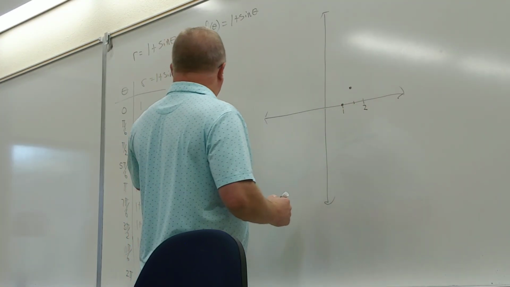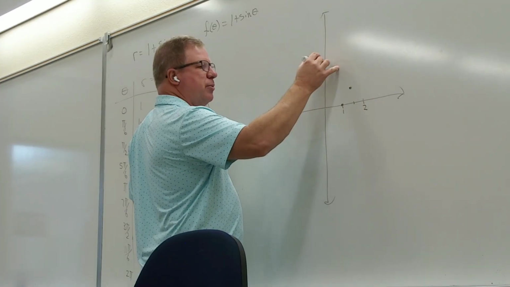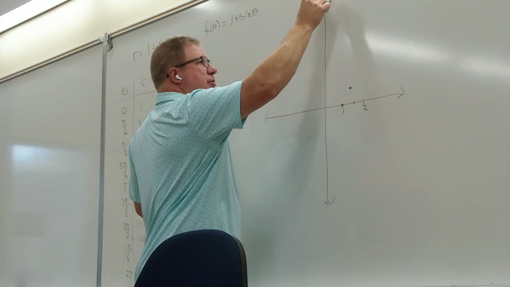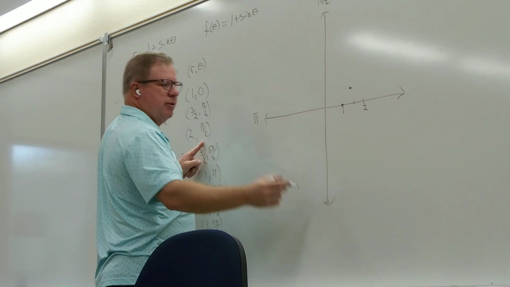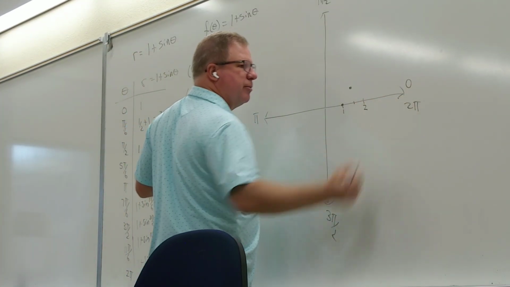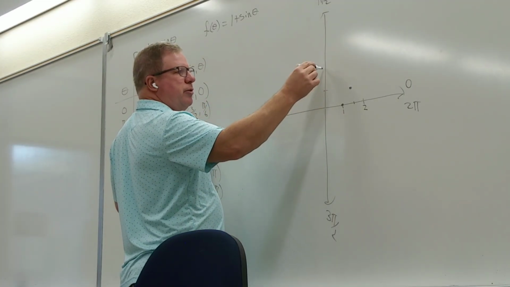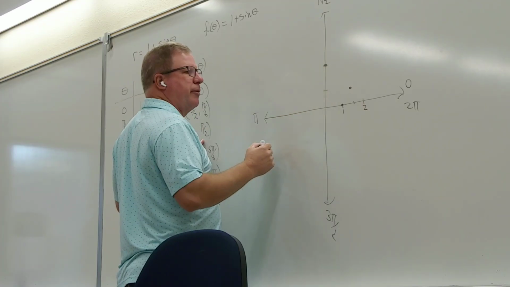Like that. 2, pi over 2. Out 2, up pi over 2. That's pi over 2, that's pi, that's 3 pi over 2, 2 pi, 0. So, 1, 2 pi, at a point there.